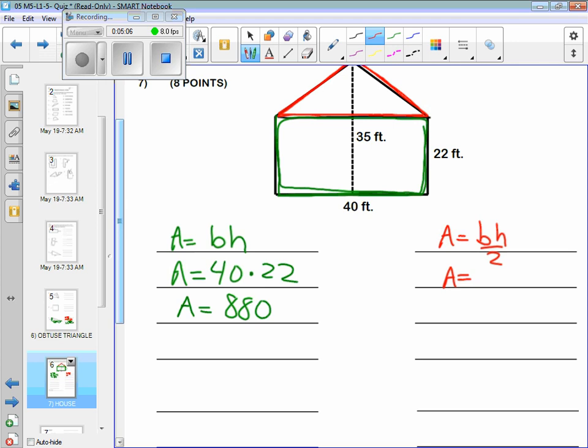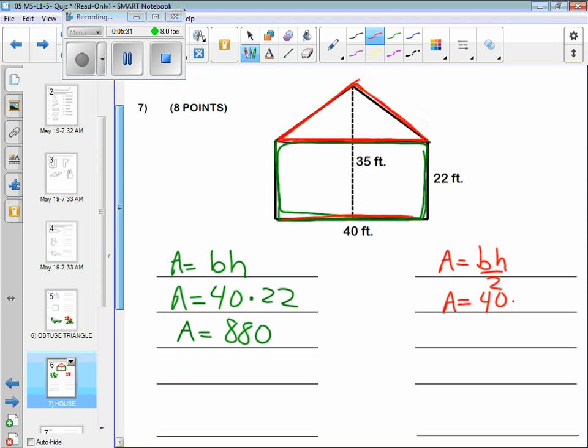We'll do the easy one first. What's the base of the triangle? Come on, help us out. Gavin? The base of the triangle is 40 feet. Yeah, it's also 40 because this side's 40. So we have 40.